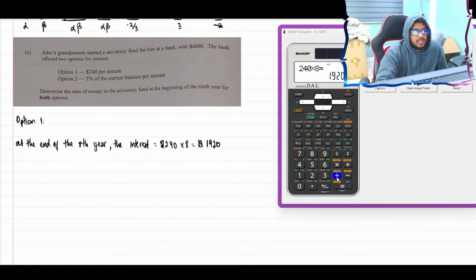And the amount of money at the end of the 8th year, that would be the beginning of the 9th year.